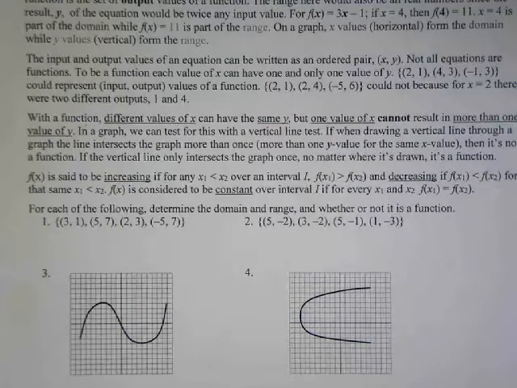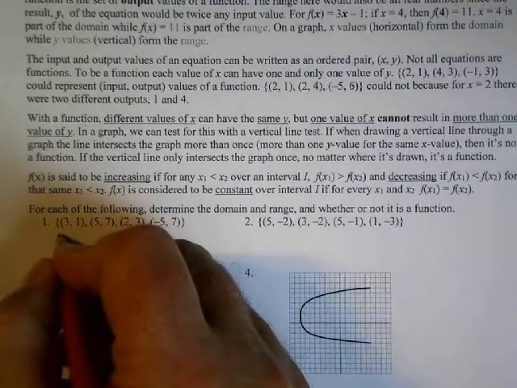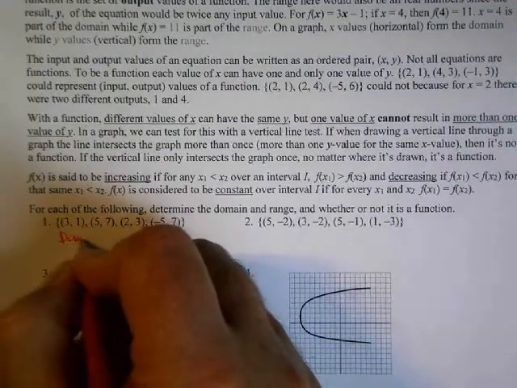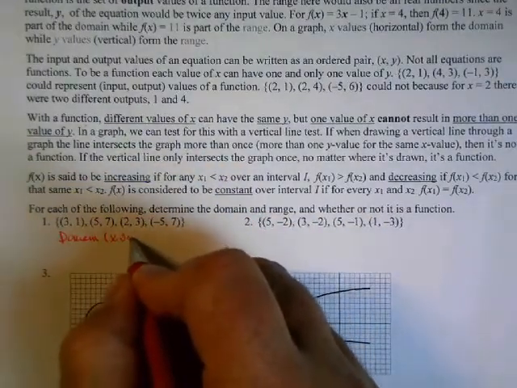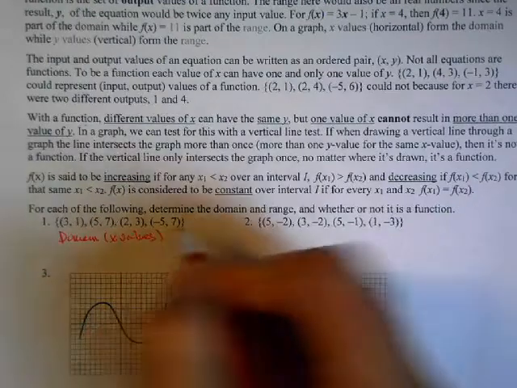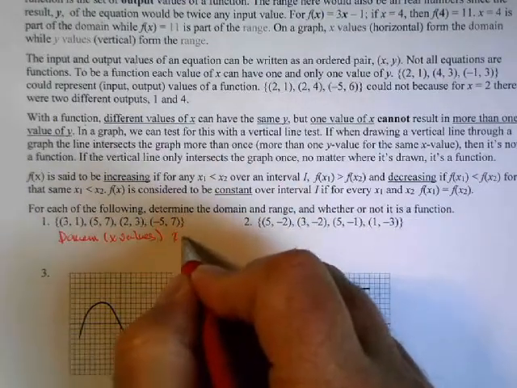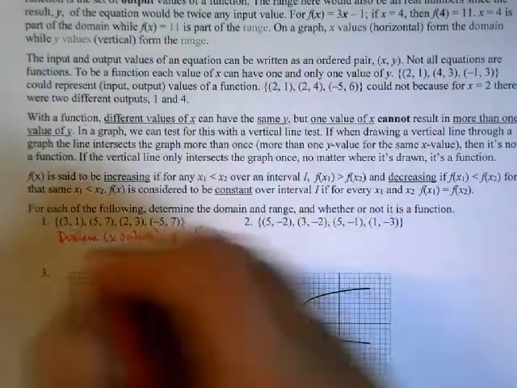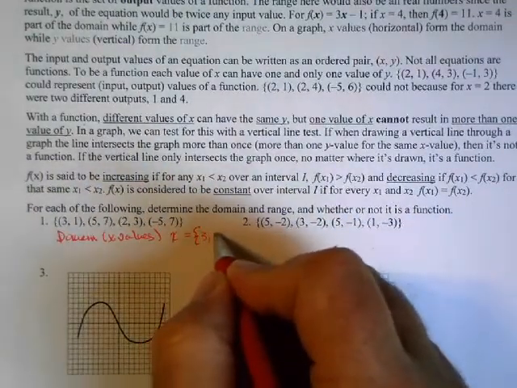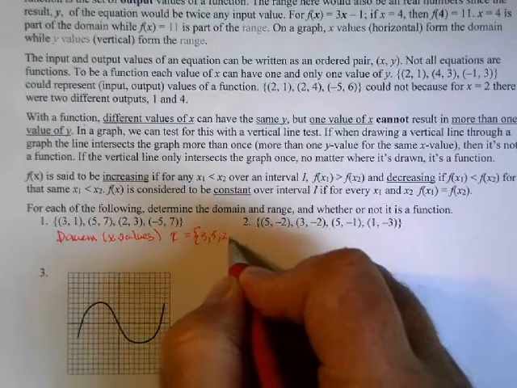Now, for each of these first 4 examples, we want to say whether or not it is a function and what is the domain and range. So first off, for the domain, remember that it is the x values. And so in this case, x is equal to the set 3, 5, 2, and negative 5.